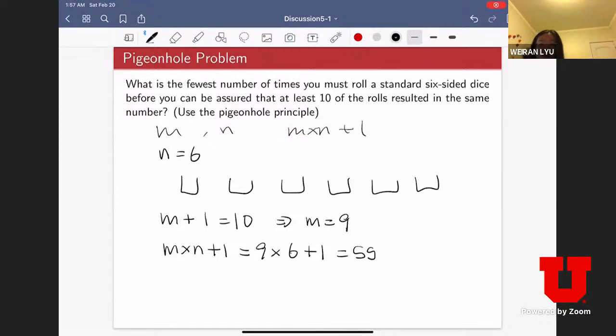And every time you roll a 2, you put another object in box 2, and so on. Then at least 10 of the rolls resulting in the same number basically means at least 10 objects in the same box. So we have m plus 1 equals 10, and then you substitute that into the m times n plus 1 equation, which will give you the total number of times you must roll.